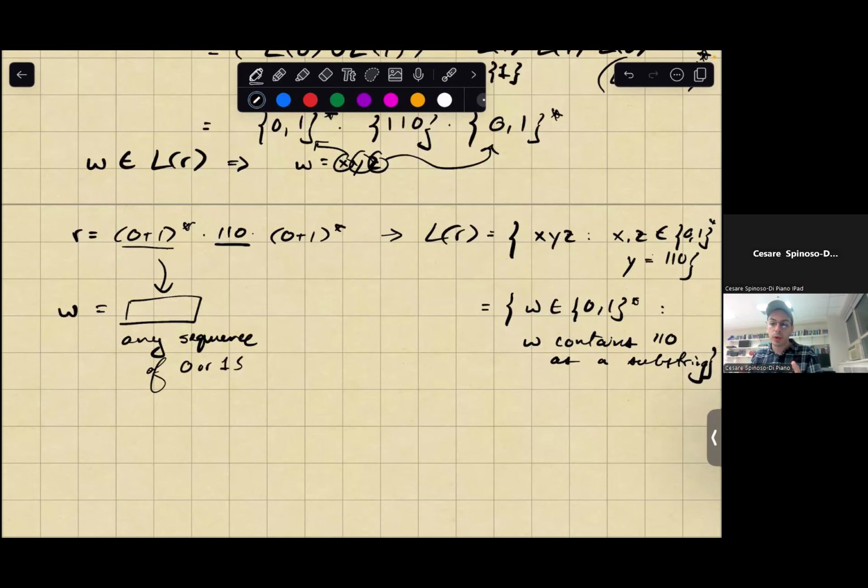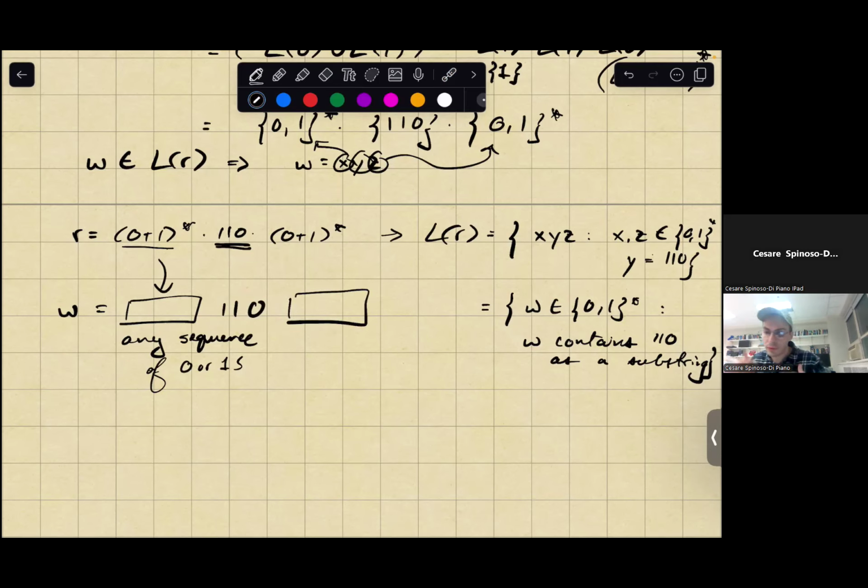Then what this regular expression says in terms of pattern matching is, if W was to match with R, then it would have to have a 110 at some point, because R is restricting the fact that W must have a 110. So W has to have a 110, and then it can have anything else after that, right?